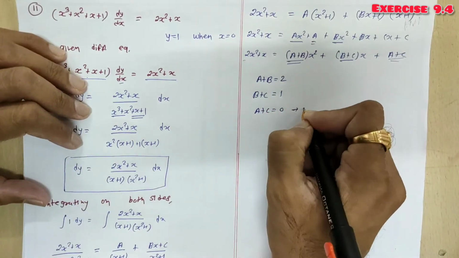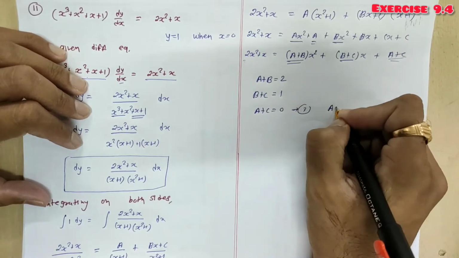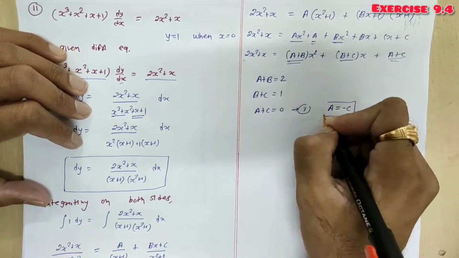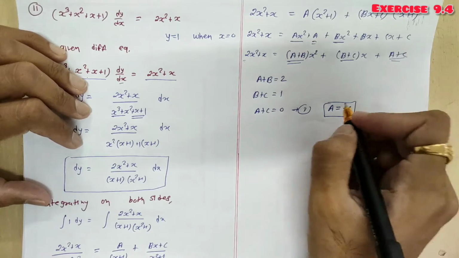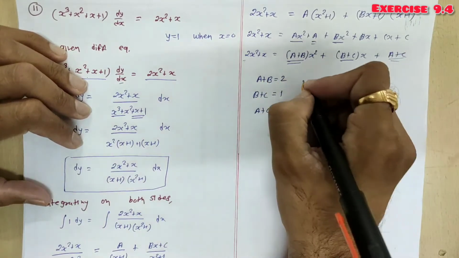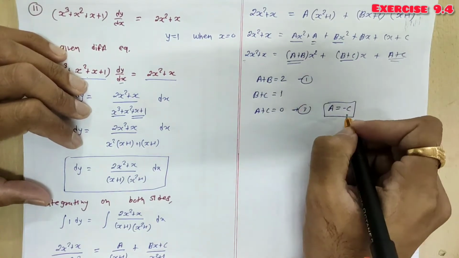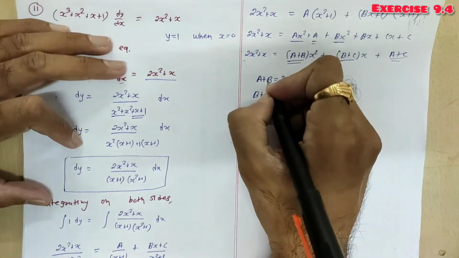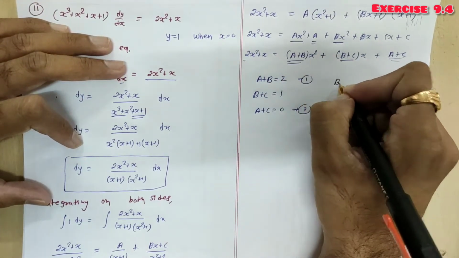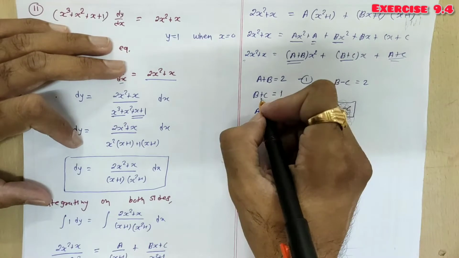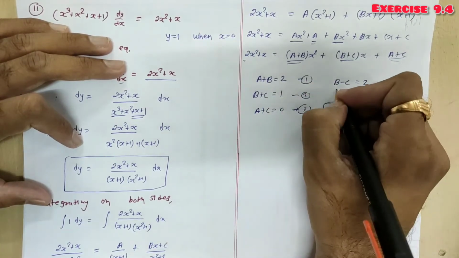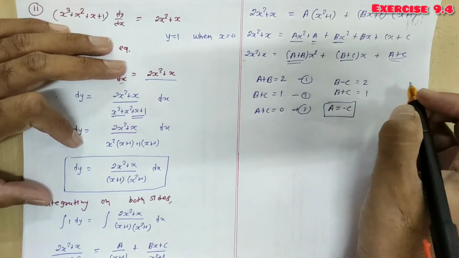From equation number 3, we can write a equal to minus c. Put a equal to minus c in equation 1. So we get minus c plus b, so it's b minus c equal to 2. And the second equation is b plus c equal to 1.